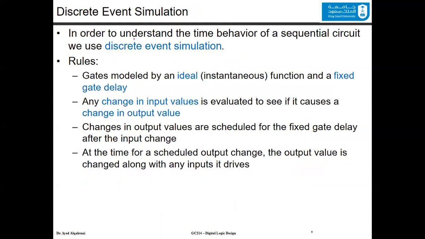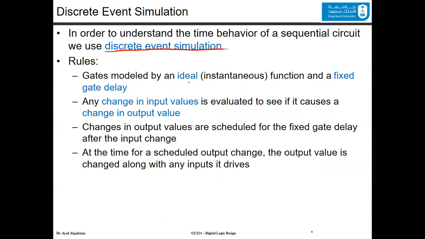Now, in order to understand the time behavior of any sequential circuit, we will introduce discrete event simulation, and we will show it in a simple timing and table form. The rules here: the gates are modeled by an ideal, instantaneous function and another fixed gate delay.